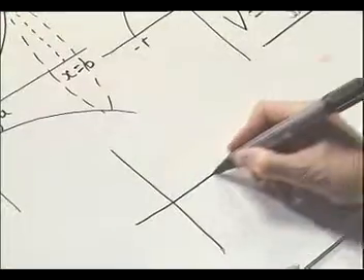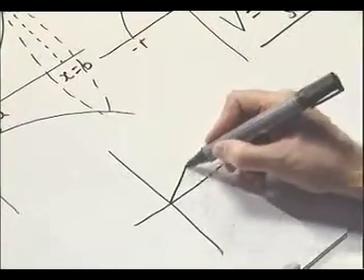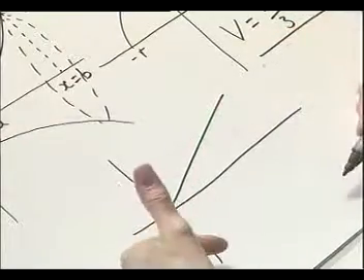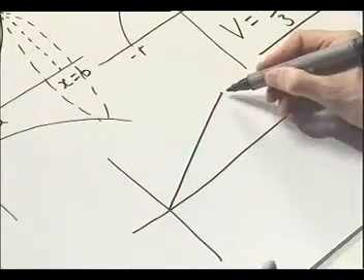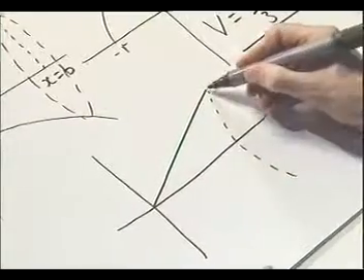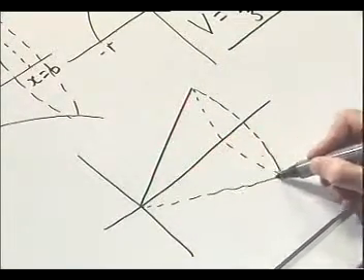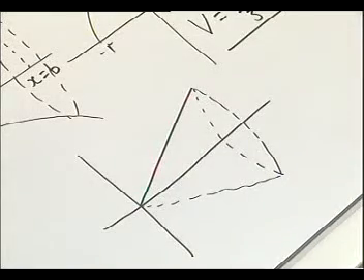Similarly, if we had a straight line that went through the origin, like so, if we were to rotate that through 360 degrees, then that would give us a cone. So there's the end, giving us the cone, and that's the reflection in the x-axis.